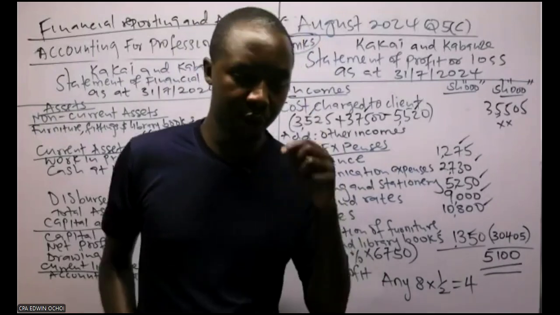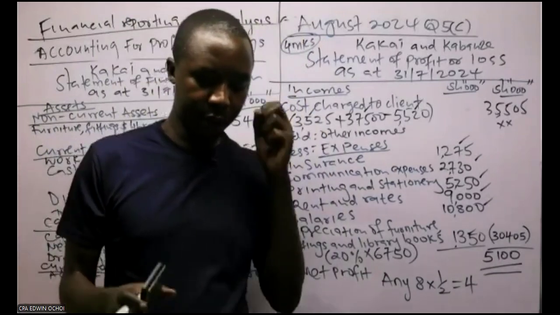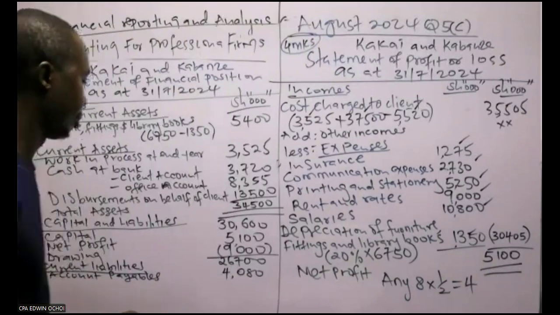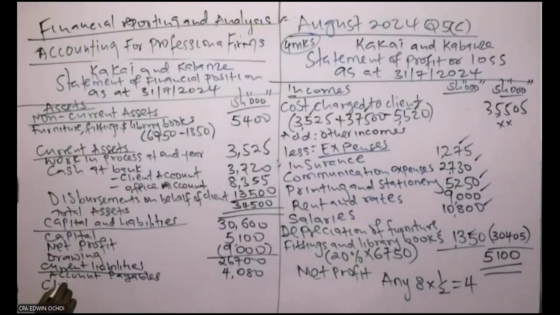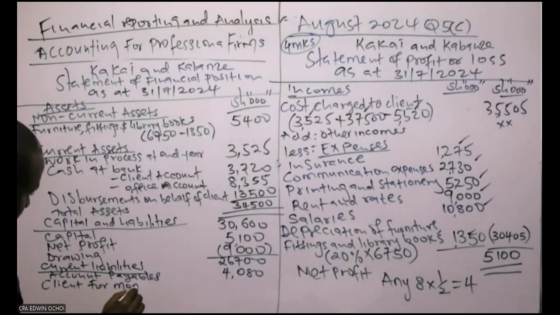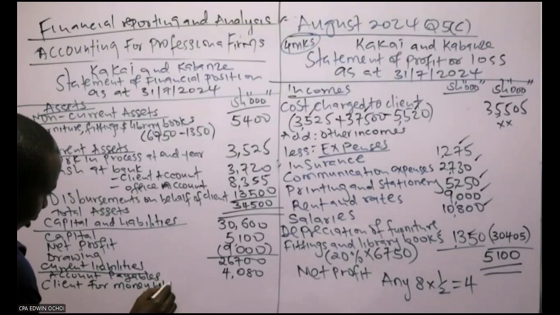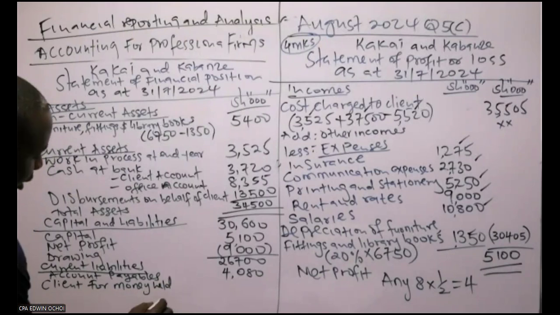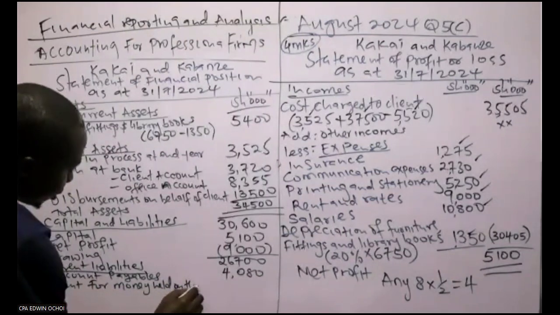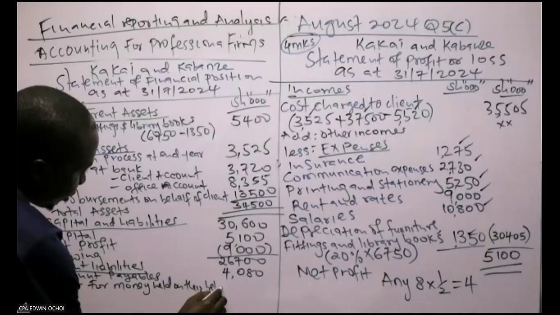They mentioned somewhere clients for money held on their behalf. So if they had not mentioned that, clients for money held on their behalf. You see this?